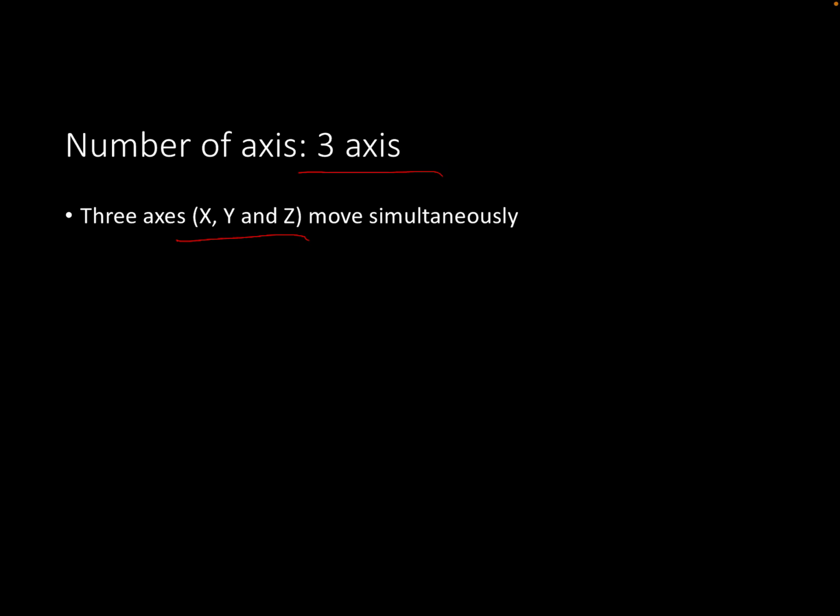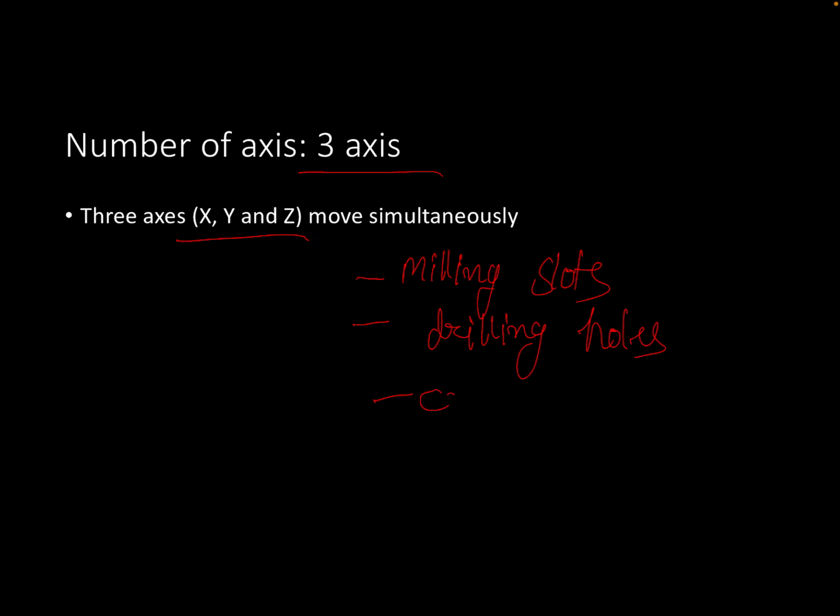CNC milling machines we can consider in this classification. The different operations include milling slots, gear cutting, drilling holes, and cutting sharp edges.